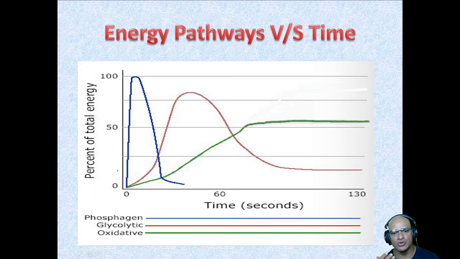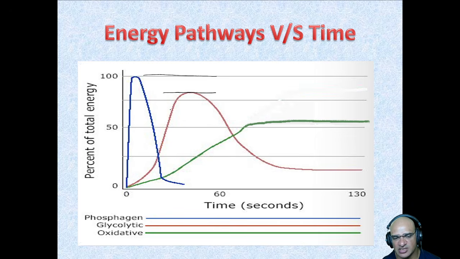The second type of energy system that we have is called anaerobic glycolytic system, where I will use glucose or glycogen. Glycogen is the storage format of glucose in the human body. When I use glucose or glycogen in the anaerobic format, meaning not using a lot of oxygen, I get this energy system. This system is called anaerobic glycolytic system.